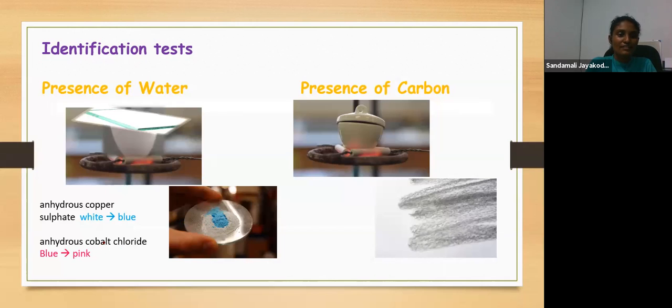If we put anhydrous cobalt chloride, it is initially blue in color. It will turn pink. Then we can understand that in the presence of water, it gives these results. The blue color with copper sulfate and the pink color of cobalt chloride are signs of the presence of water in whatever food we have used.